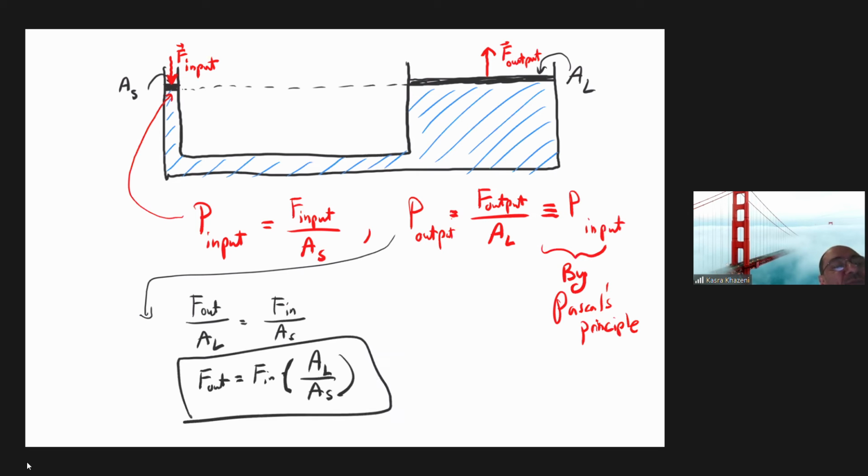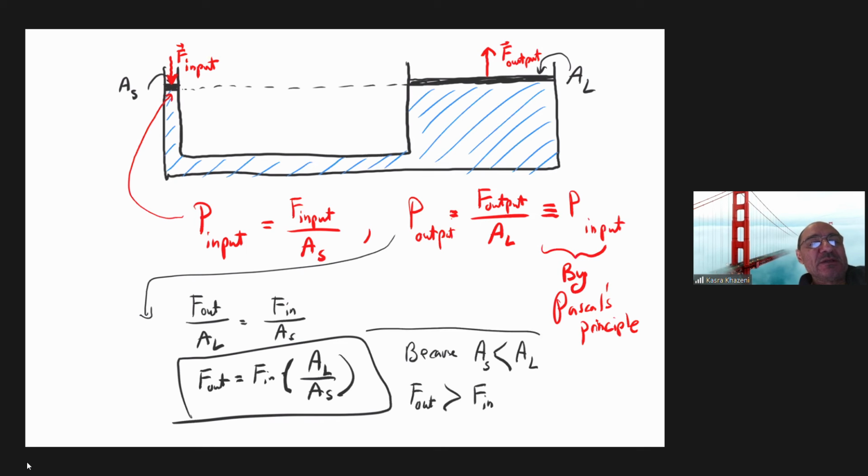Look at this: because the area of the small piston is obviously less than the area of the large piston, F of the output has to be larger than F of the input.